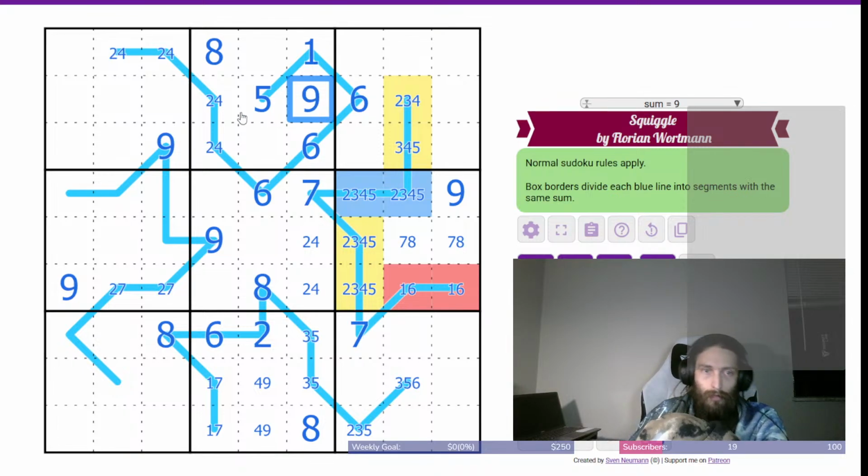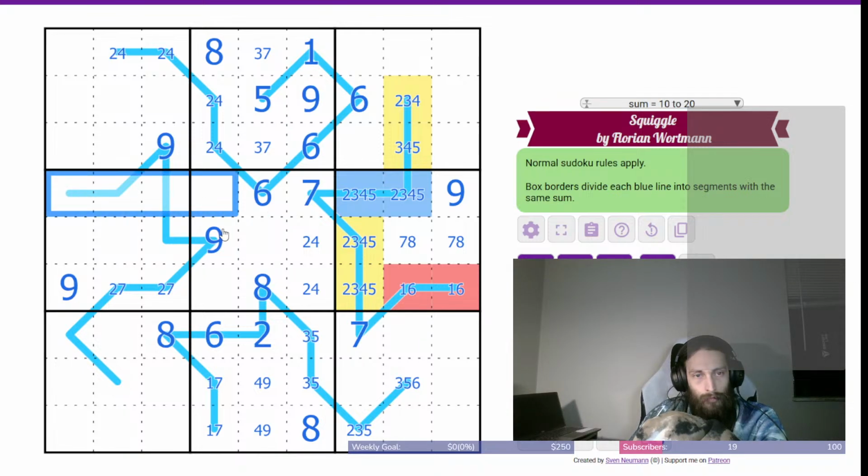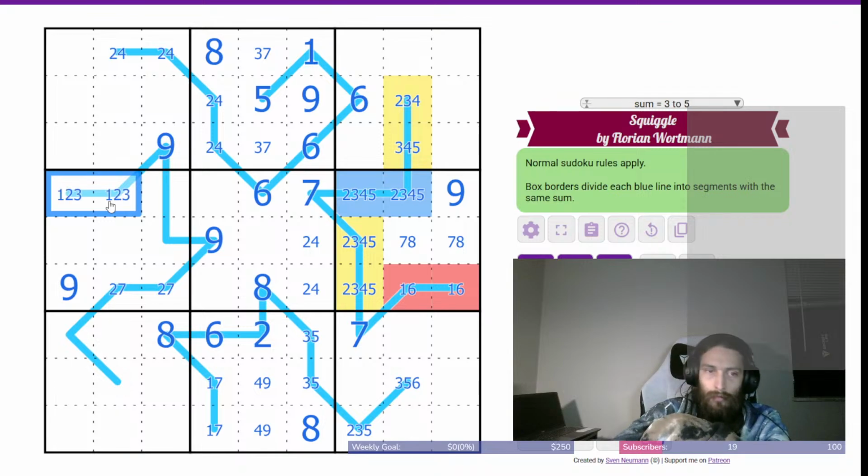Then that one's... Or I guess there's there. In row 4, the blue line there in the box, the horizontal in the box, it can't be 2 7 or 3 6, and it can't be 4 5 because the blue contains either 4 or 5. So that has to be 1 8.